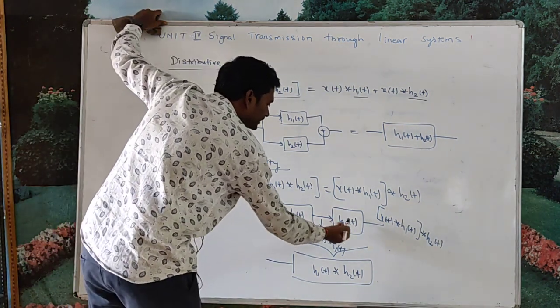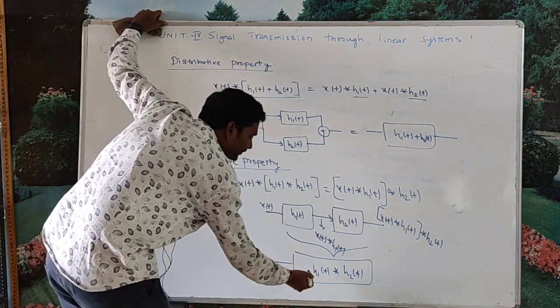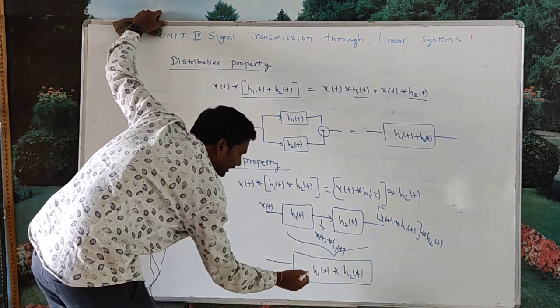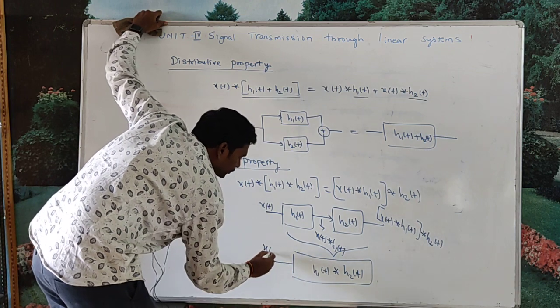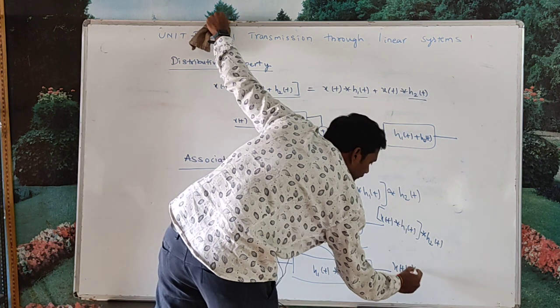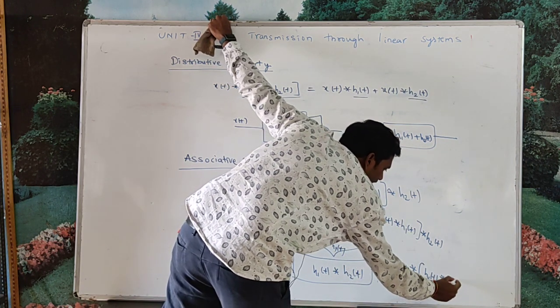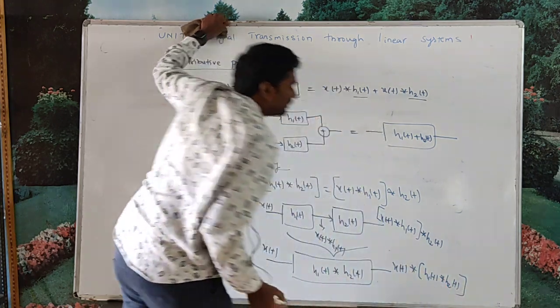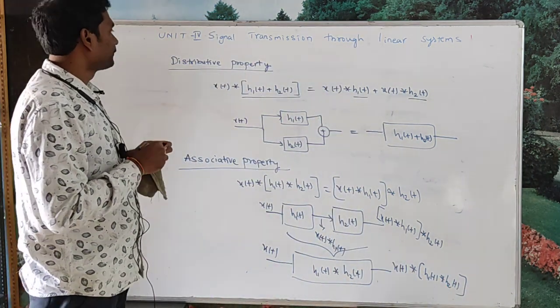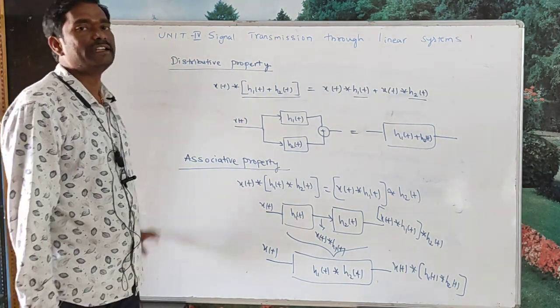Rather than using two systems with two individual responses like this, we can replace them with a single system with the impulse response h1 of t convolved with h2 of t. The output is x of t convolved with h1 of t convolved with h2 of t. So, this is all about the distributive property and the associative property of LTI systems.